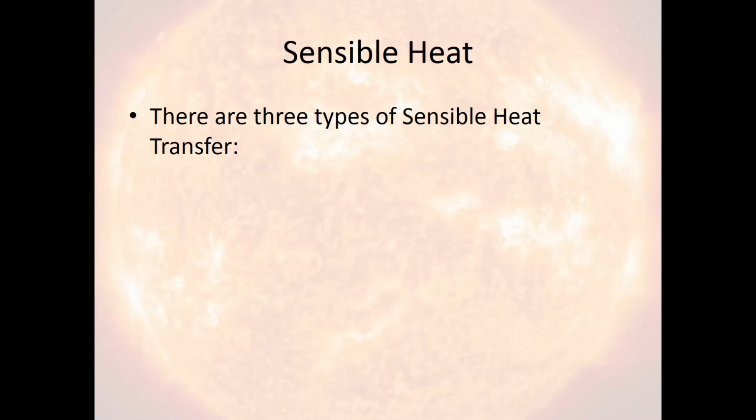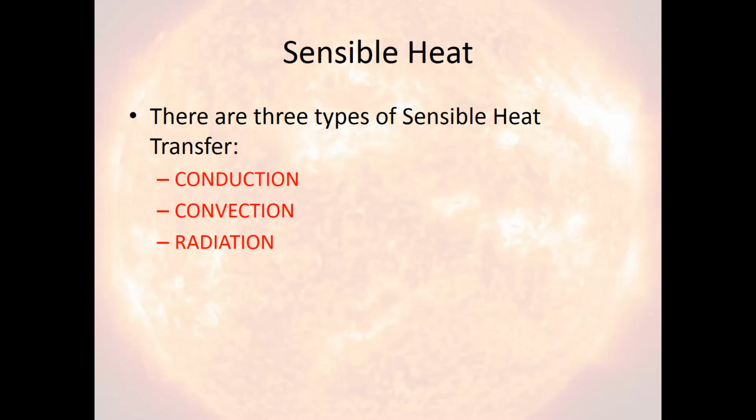Now, in terms of sensible heat, there are three types of sensible heat transfer. You've probably already heard them, but if you haven't, it's a good chance to get to know them, love them, be one with them. They're called conduction, convection, and radiation.